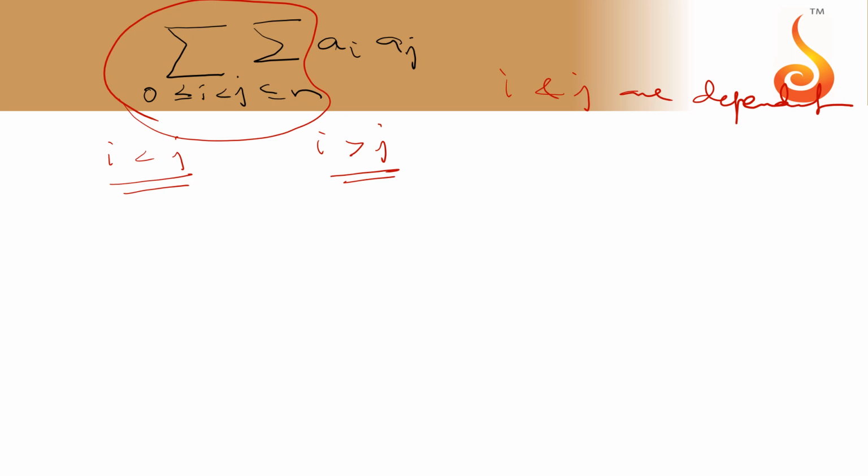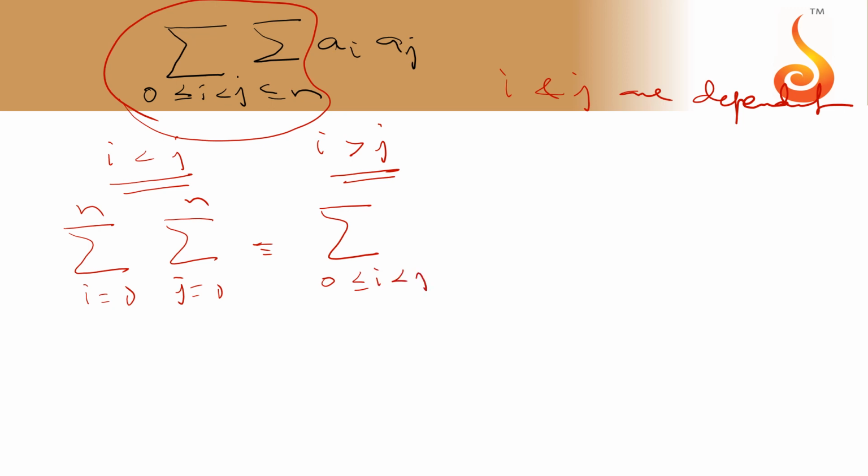So the previous one, when they are independent, that is i equal to 0 to n, j equal to 0 to n, which I told, sigma i equal to 0 to n a whole square you can write, no? So by using that property, in this expansion, what are there?